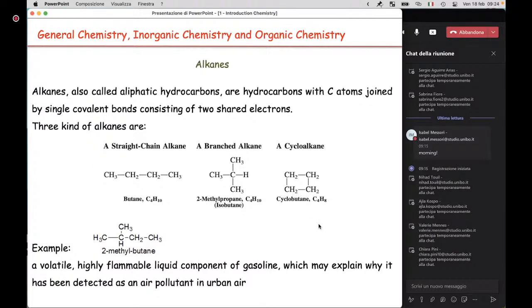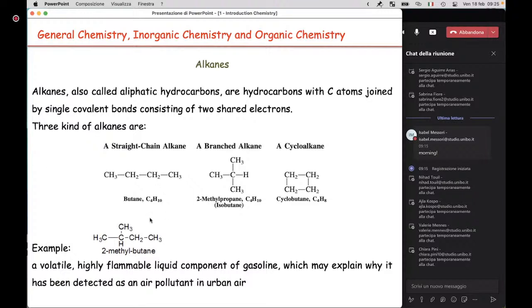Most or all alkanes are usually flammable. When they are small molecules, small alkanes are usually gaseous. And when the molecules become larger, they become liquid. And if the molecule is very, very large, they can also be solid.